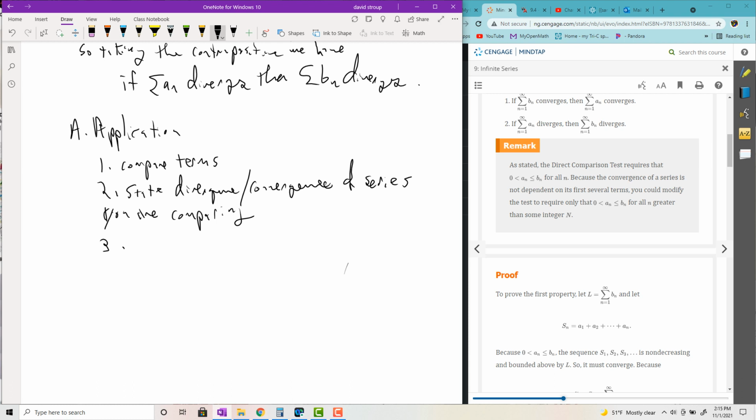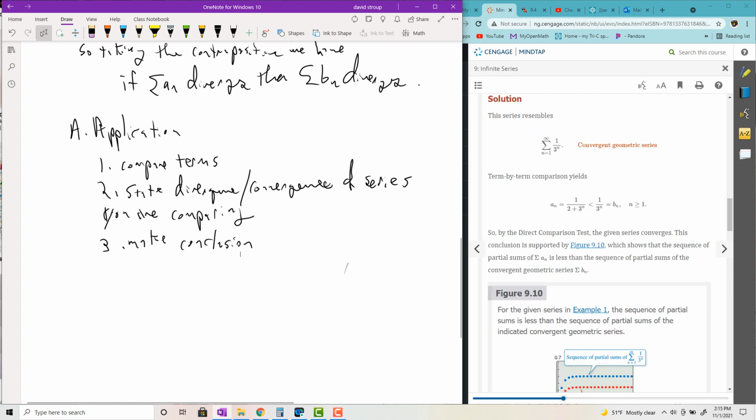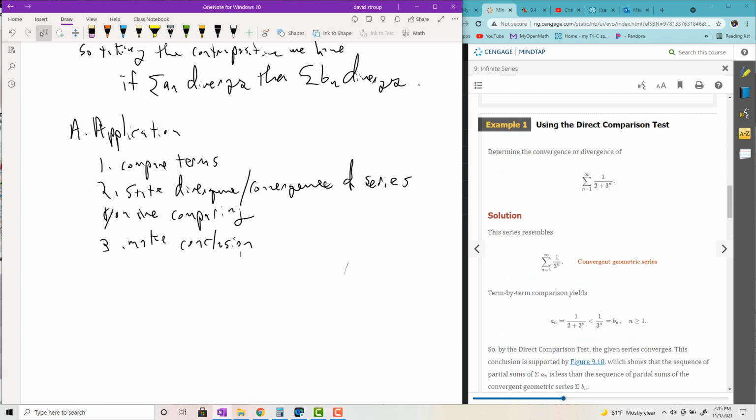And then thirdly, you'll make your conclusion. I think the hard part is comparing the terms, because this is not something they generally teach you how to do in an algebra class, and you can get a taste for it in example 1 and example 2 in the book. Let's look at example 1.